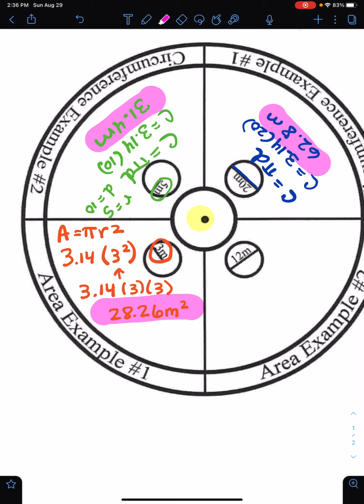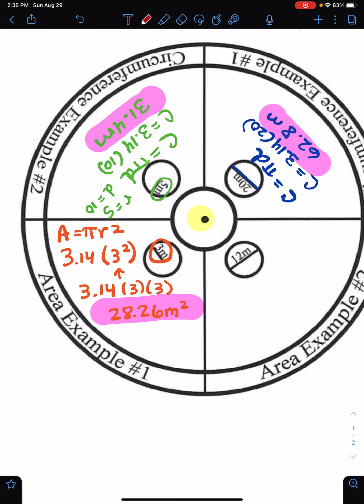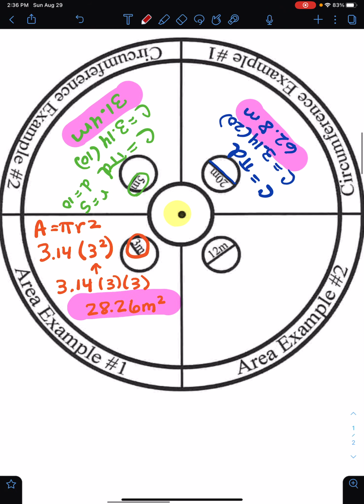All right, moving on here, last example. So finding the area again of a circle that has a diameter of 12. Here's my formula. Always a good idea to write the formula down first. Pi is 3.14. This time 12 is the distance across, so that's the diameter.